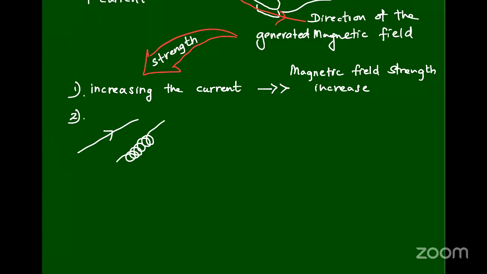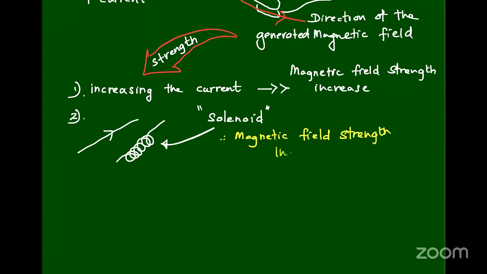This sort of structure is known as a solenoid. If we make the wire into a solenoid version, then also the magnetic field strength will be increased. Magnetic field strength increases.